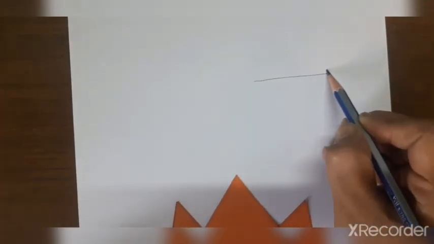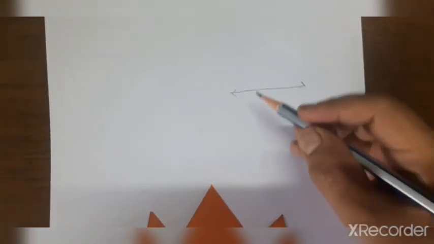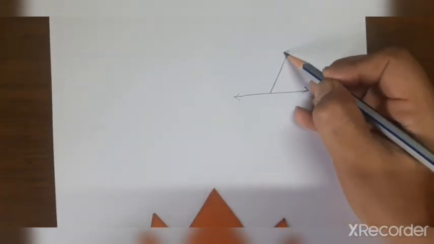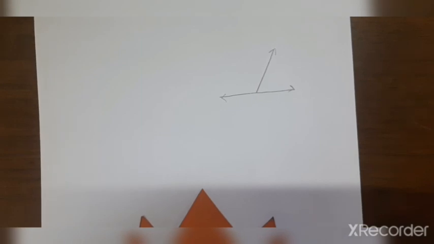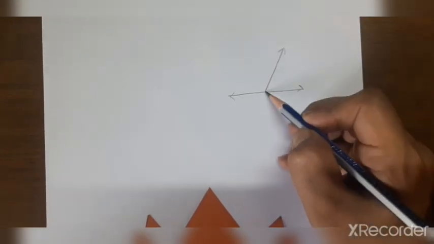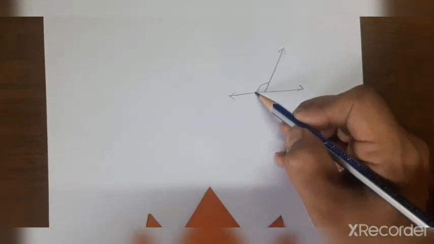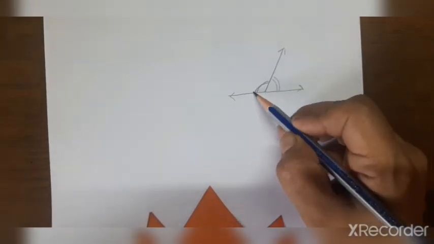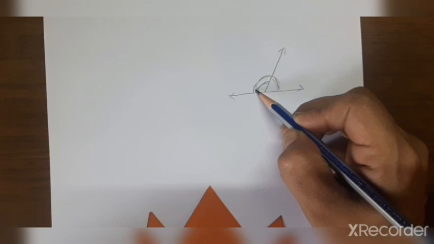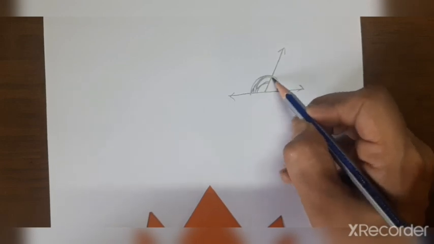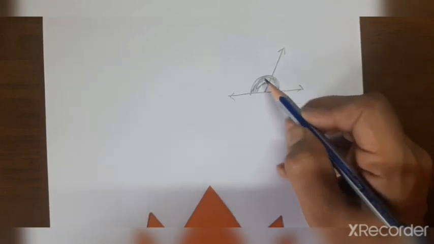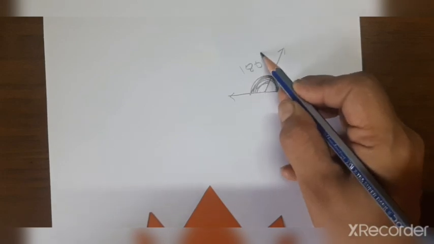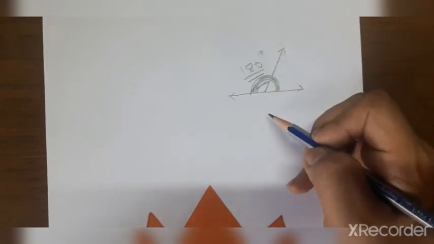If this is a line, and if this is a ray drawn on it, there are 2 angles formed, this one angle and this second angle. These 2 angles are the angles formed in a linear pair, and the measure of this is equal to 180 degrees. Clear?